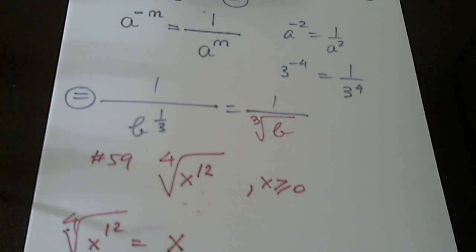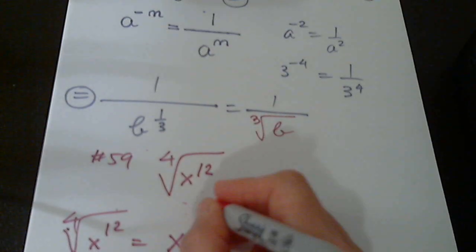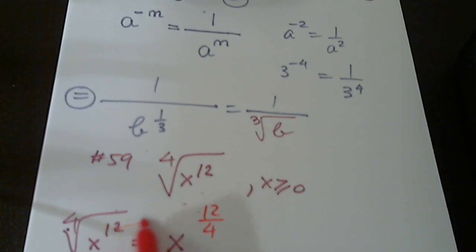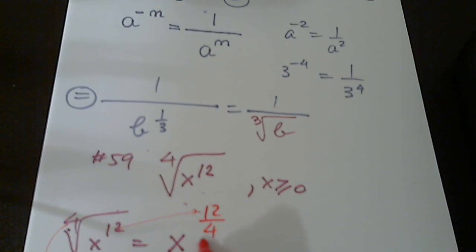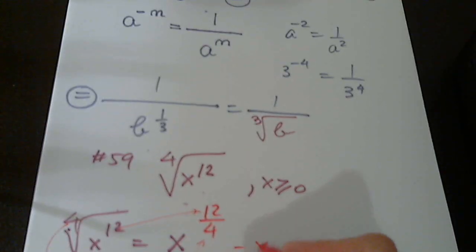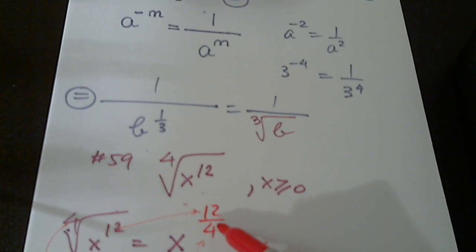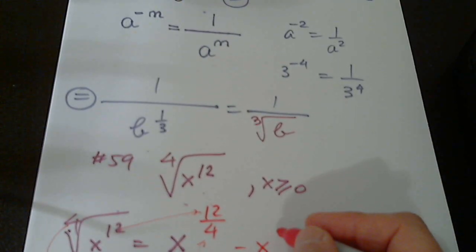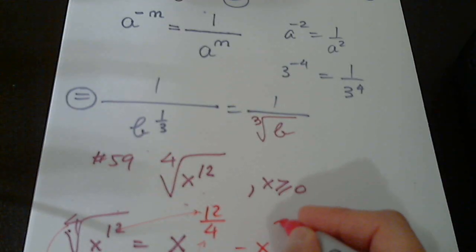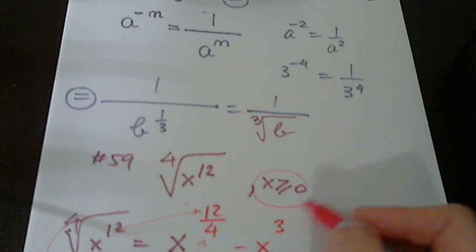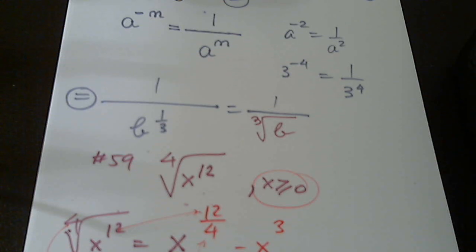X to the 12th over fourth power. Excellent. 12 over 4. But we know that we can simplify it now. X cubed. That's it. That's why they said x is positive.